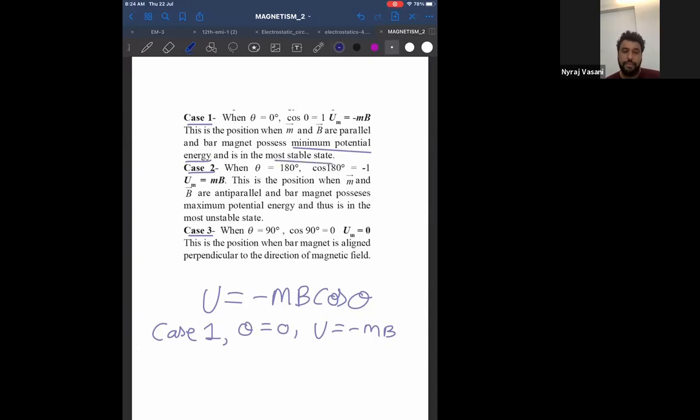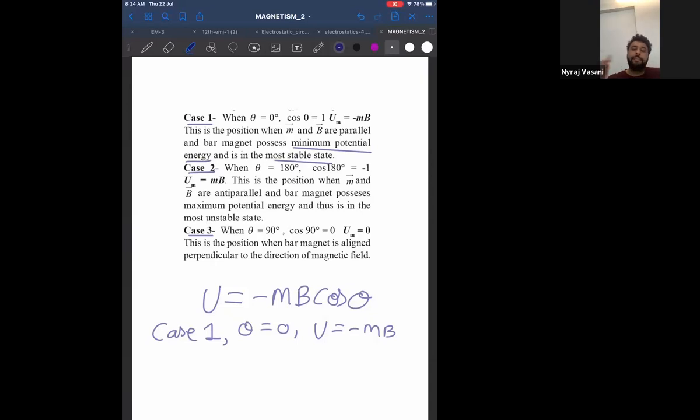Okay, listen. When theta equal to 0, the energy is equal to minus MB.